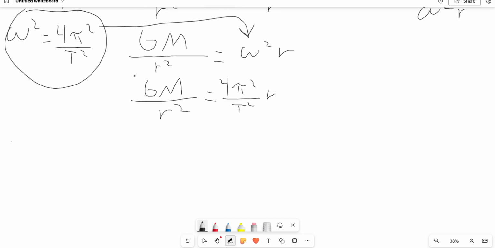Now, to simplify this, we can multiply everything by r squared T squared over GM.